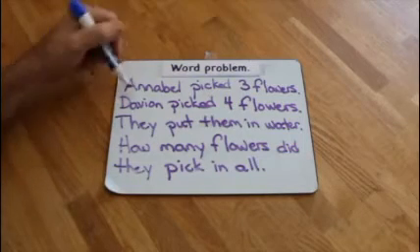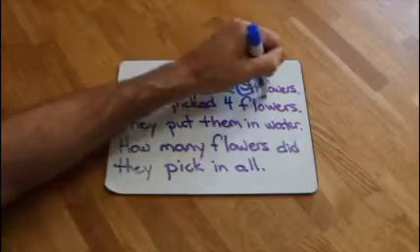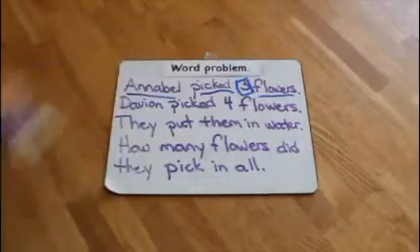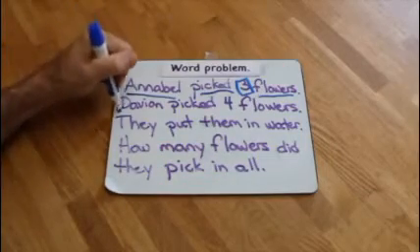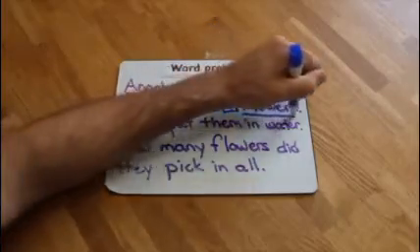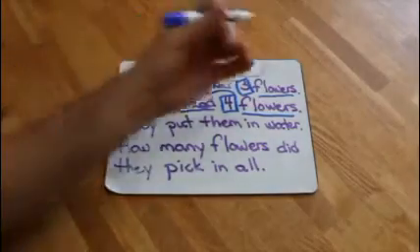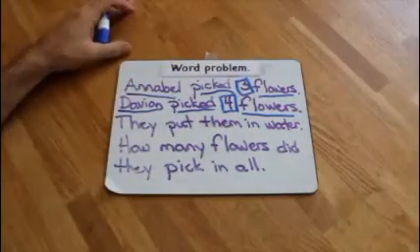Okay. Annabelle picked 3 flowers. Picked means she's got them. She didn't give them away, she took them. Okay? Davion picked 4 flowers. Okay, again, he took them. They put them in water. That's what you got to do to keep them fresh.